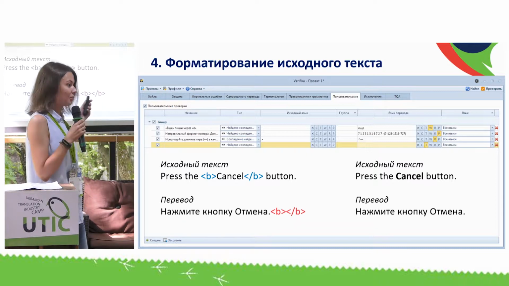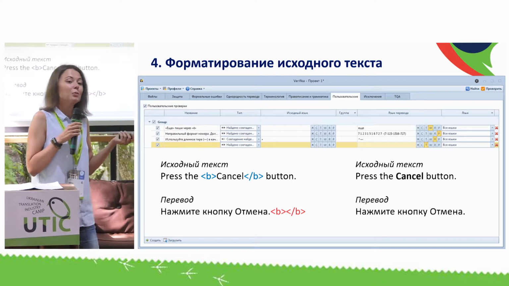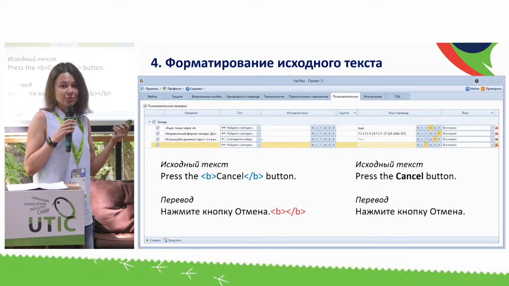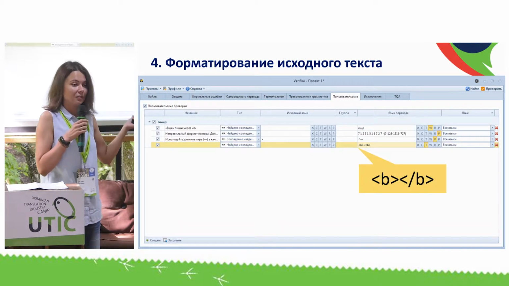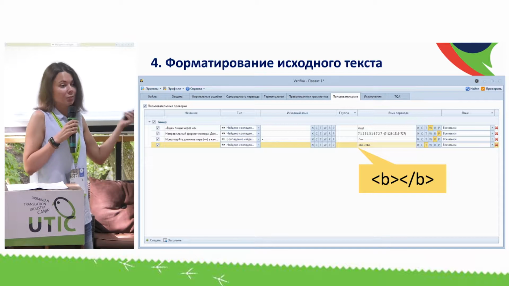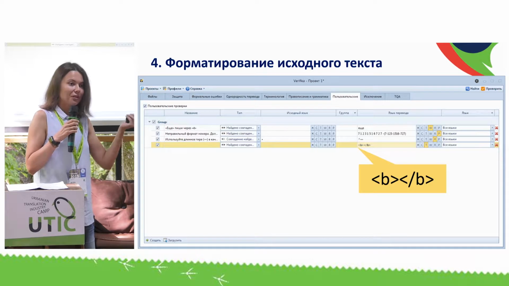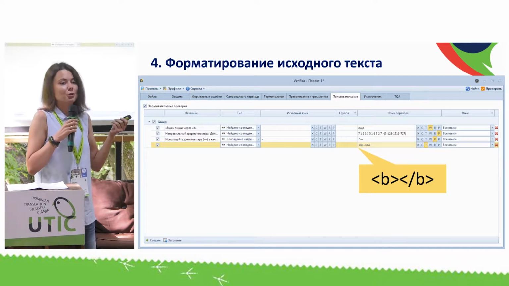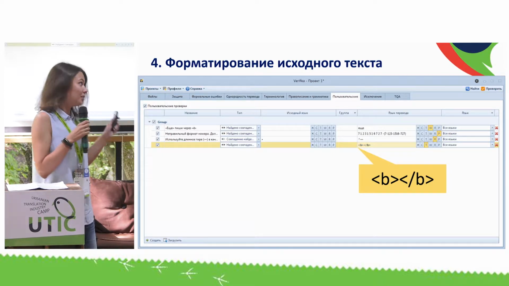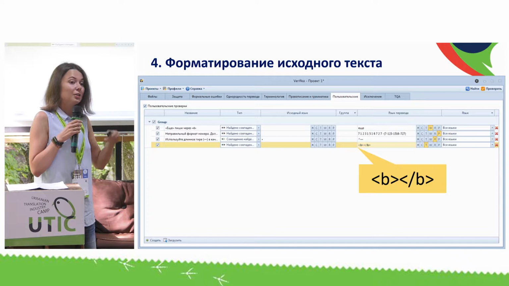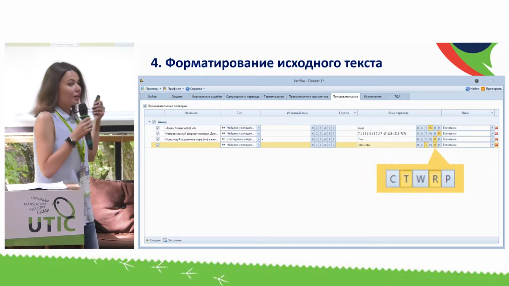So the segment has these tags, but programs just don't verify them. But as a result, we don't have the formatting that we need. What we could have, for example, is two tags in sequence, and we could search by two tags. By two bold tags, but we don't need, for example, bold tags. We could verify any tags, bold, italic, or any other. That's why we could combine tag search with regular expressions.